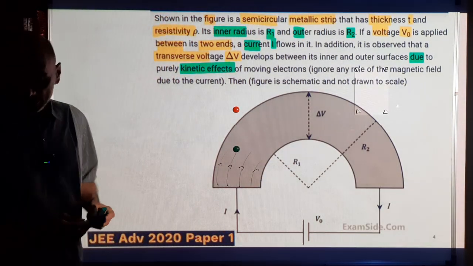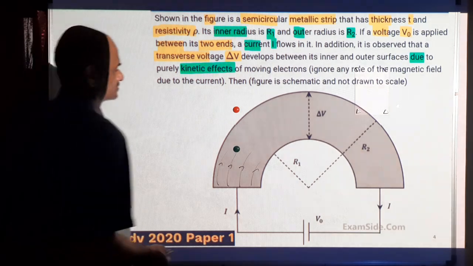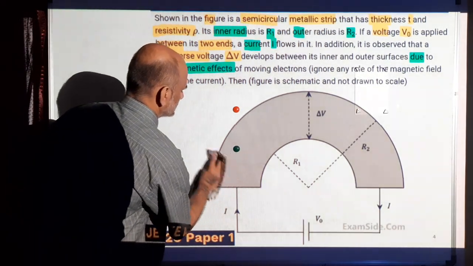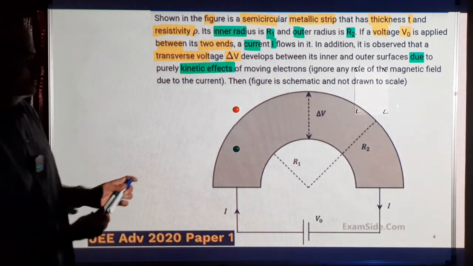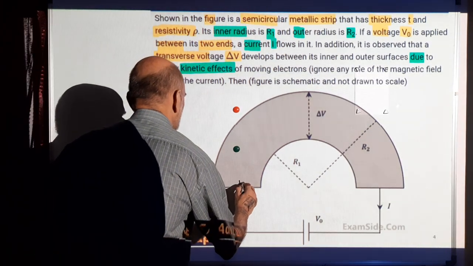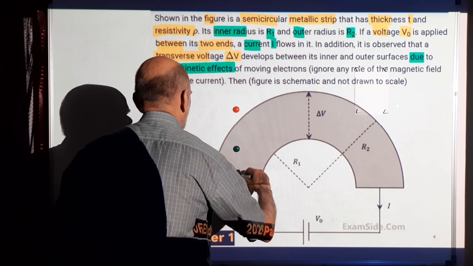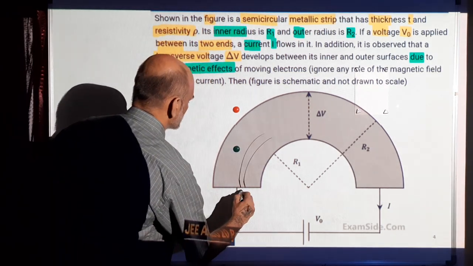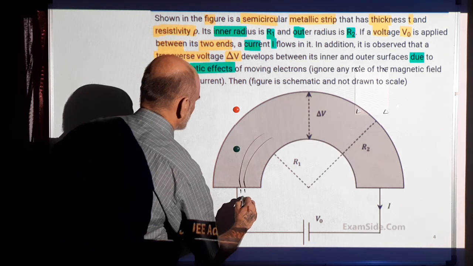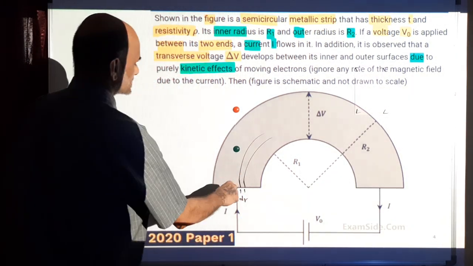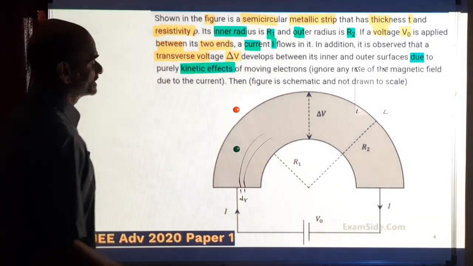If you take one particular strip, say of thickness dr, and the next strip, similarly the current will flow.